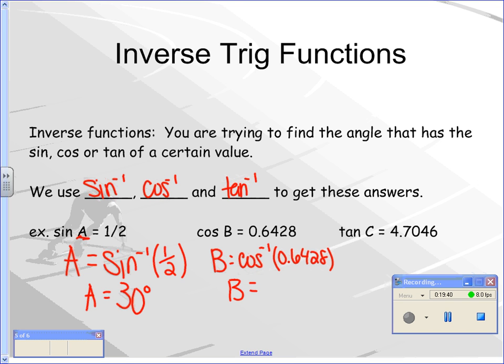Which rounds to what? 49.999, it rounds to 50 degrees. Any questions on this one? If it's like 49.999, go ahead and round it up to 50. Any questions on those?